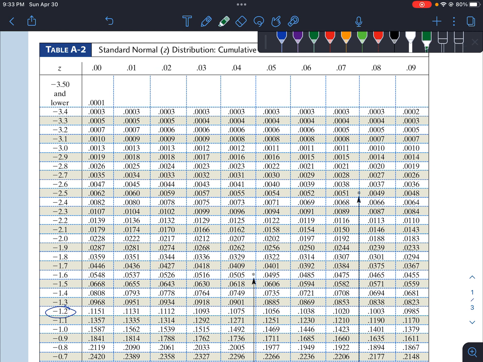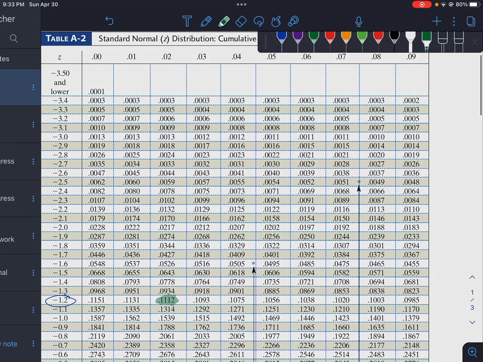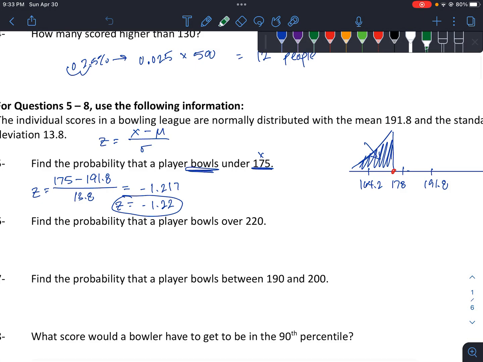And so that's going to give me 0.1112, and that number represents the area under the curve right here, or the percentage essentially. This is the answer to what we need. The probability that it's under that score is 0.1112, or you could say 11.12%. I'm fine with either answer.